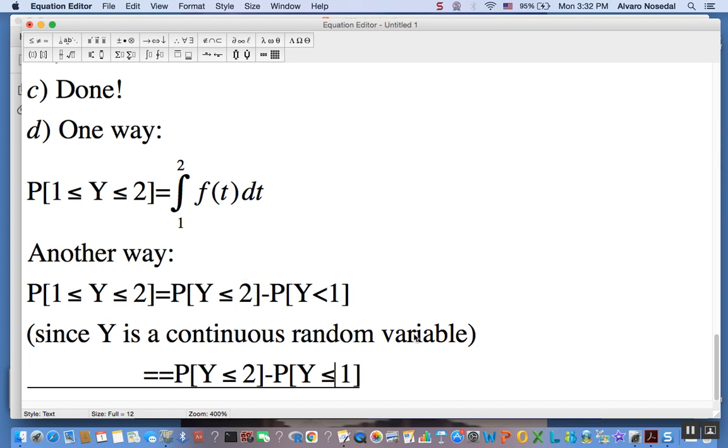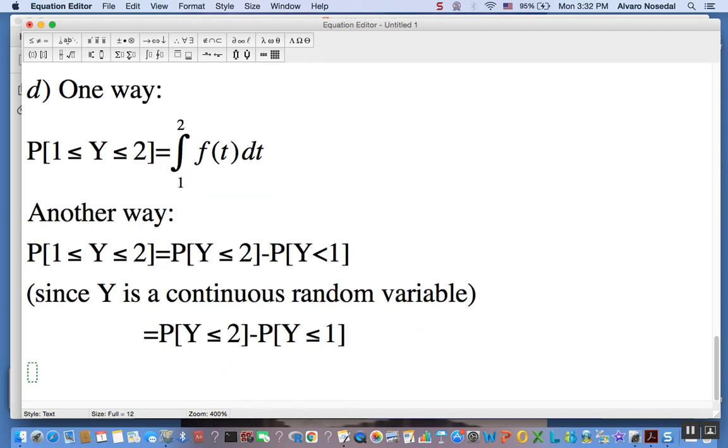One point is not going to make a difference, because y is continuous. And again, it's just because when the upper limit and the lower limit of that integral are the same, then you have no area. Okay? But now note something interesting.